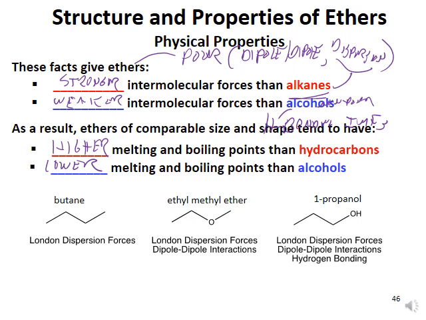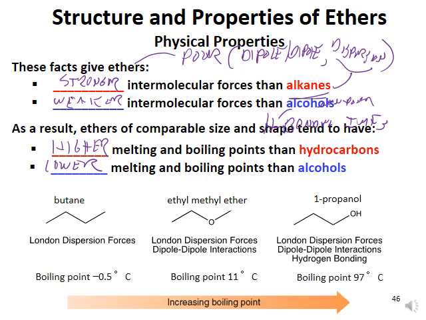And there's some evidence for it. Very similar sized and shape, and I mean, they look very similar, don't they? But butane, because it's just an alkane, only has London dispersion forces. Methyl ethyl ether has dispersion and dipole-dipole, and then propanol has hydrogen bonding as well. Let's see how that affects things. Look at those boiling points.